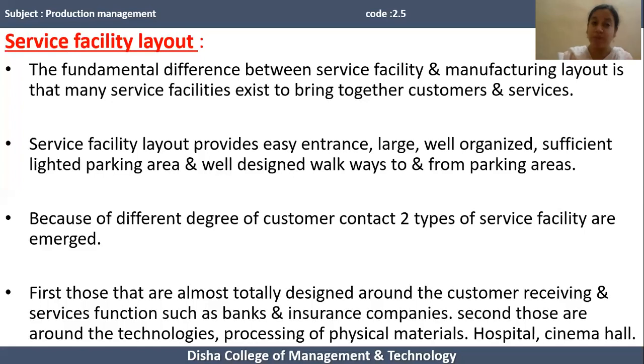So there are two types of service facility layout. The first type of layout is only related to designing the service area in such a manner that the organization can receive their customers in a better way and provide various services to that customer in such a way that the customer gets the required service within less time and is satisfied with the organization.